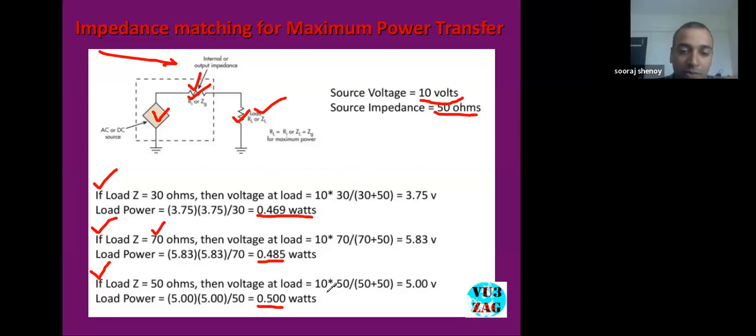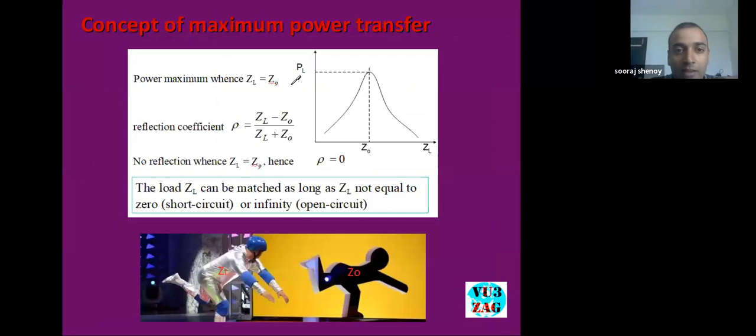This is the proof related to that particular theory. This is a graphical representation where you can find that the maximum power is delivered when Z load is equal to Z0. Z0 is nothing but the input impedance.